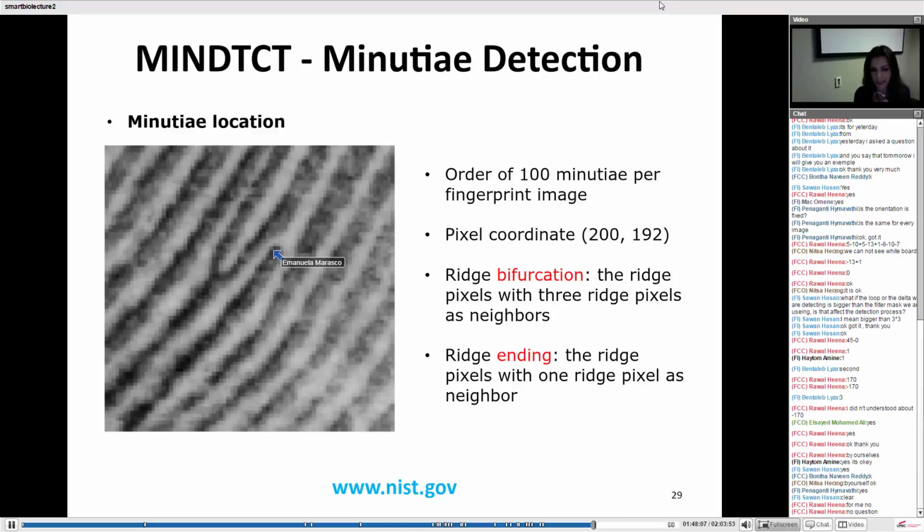Ridge pixel is black. We consider a ridge pixel as a black pixel, right? So ridge ending: only 1 ridge pixel as neighbor. Ridge bifurcation: 3 ridge pixels as neighbors. This is the criteria that we can apply to locate minutia in a thinned image.